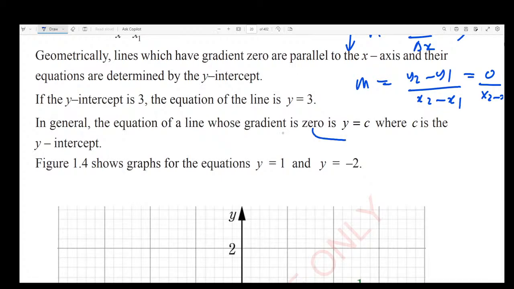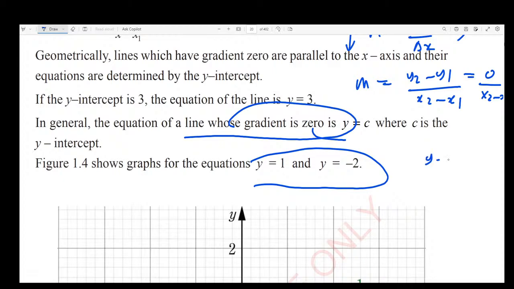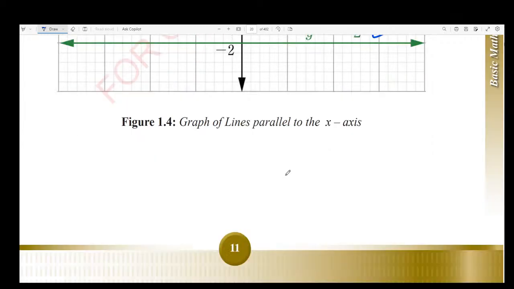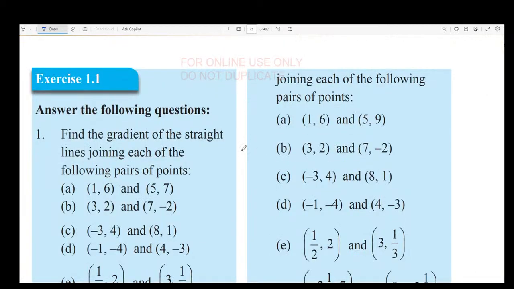So for this case we have a 0 gradient, and the equation of the line is going to be y equals constant k. So we're having so many lines, like y equals 1, y equals negative 2. These are the lines which are parallel to the x-axis.